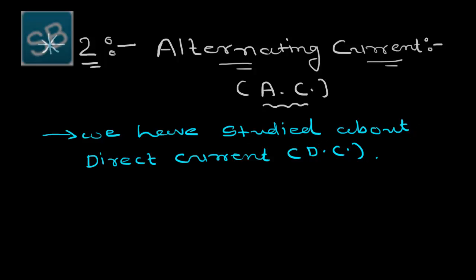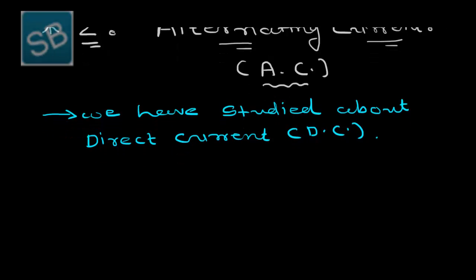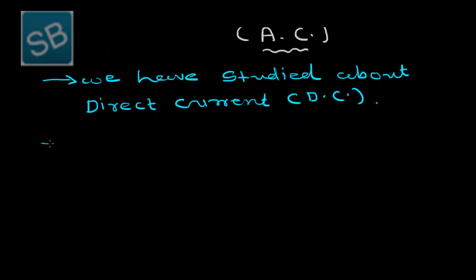Before we start our chapter, it is necessary to know the difference between the alternating current and the direct current. In the direct current, if we see the voltage versus time graph, here I have put voltage on the y-axis and time on the x-axis.